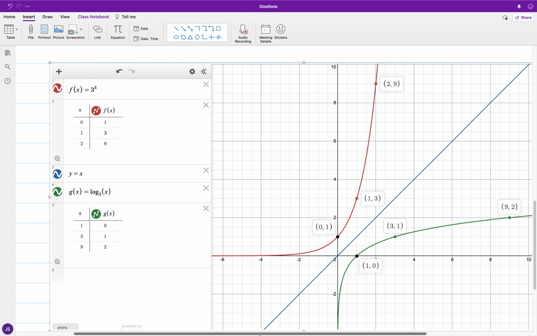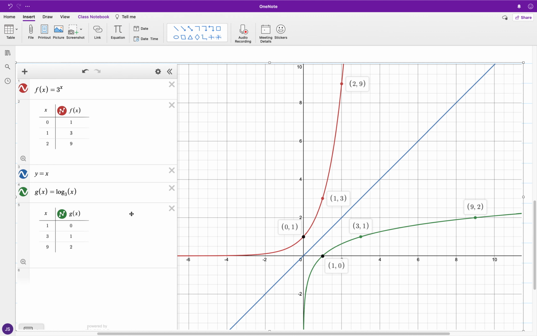So for y is equal to 3 to the x, I have this curve in red. Whenever x is 0, y is going to be 3 to the 0, which is 1, and when x is 1, y is 3 to the first, which is going to be 3. And if x is 2, y is going to be 3 squared, which is 9. So we have these 3 ordered pairs among the infinitely many points that will make up this graph.